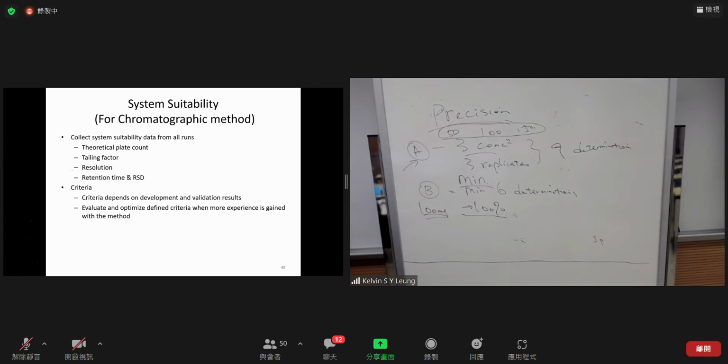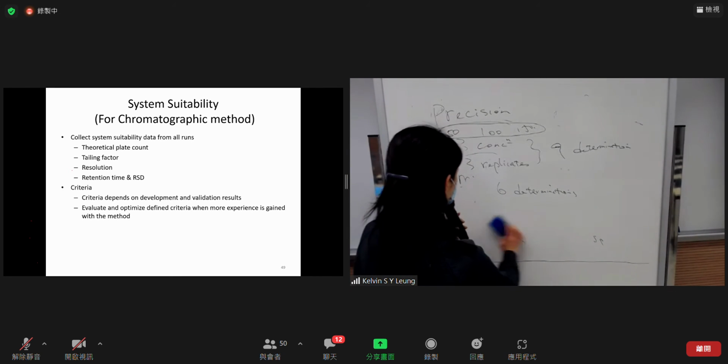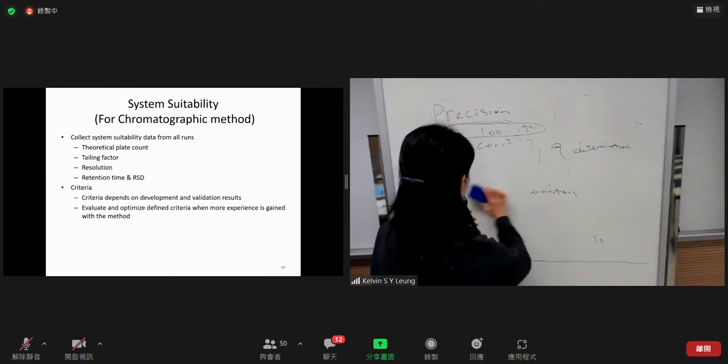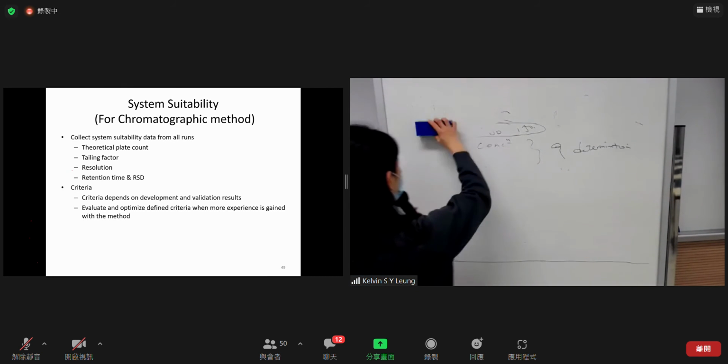For the method validation, one of the method characteristics I would also like you to include is the solution stability, which I have mentioned in the first line of this method validation notes.